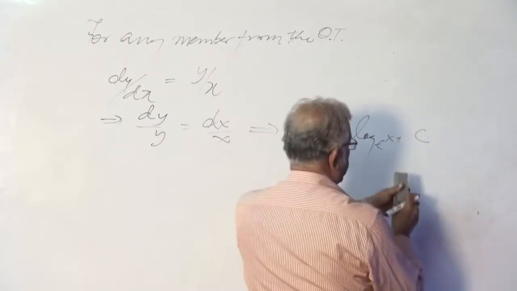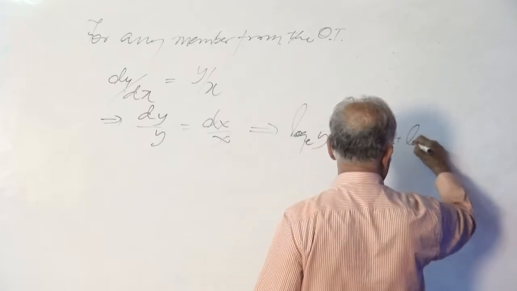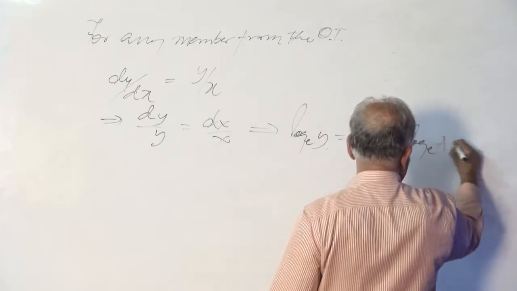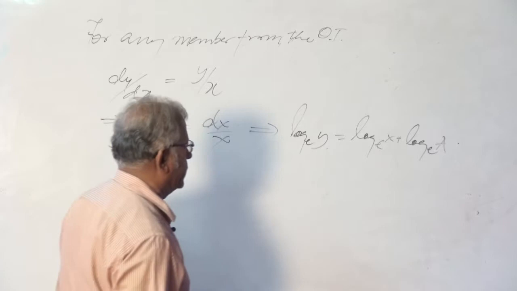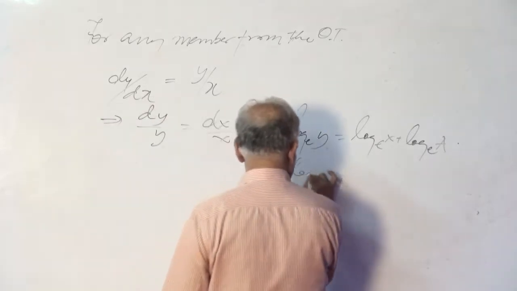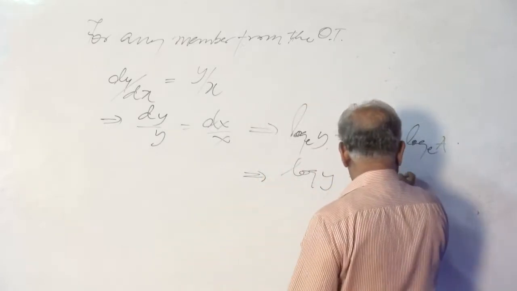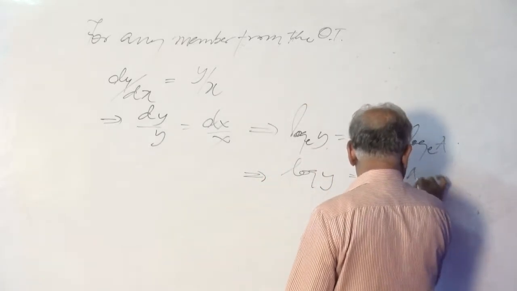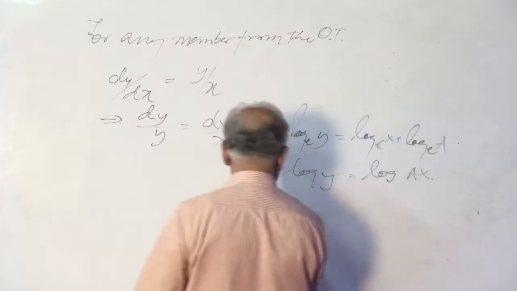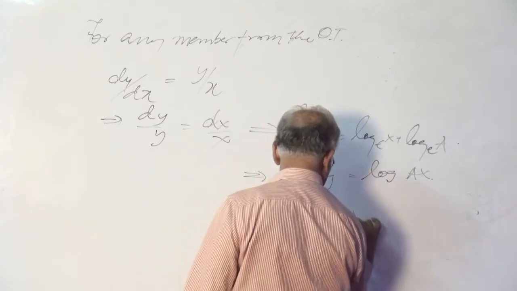If we write this c as log a, then what we get is that log y is log ax. In other words, y is equal to ax.